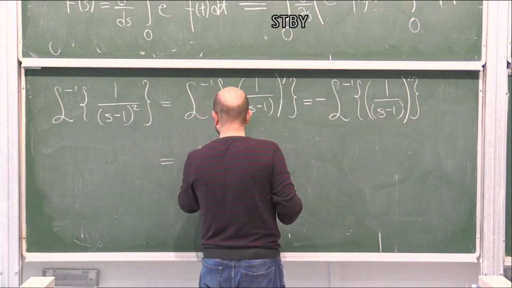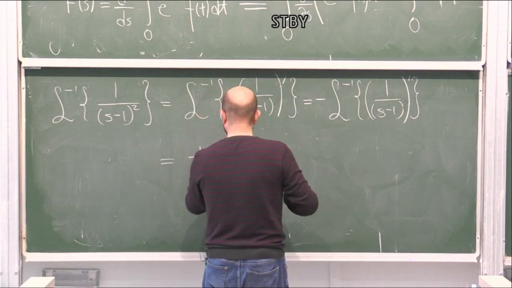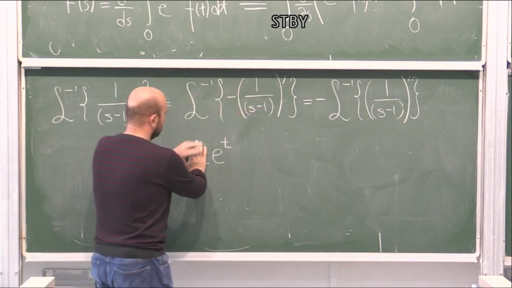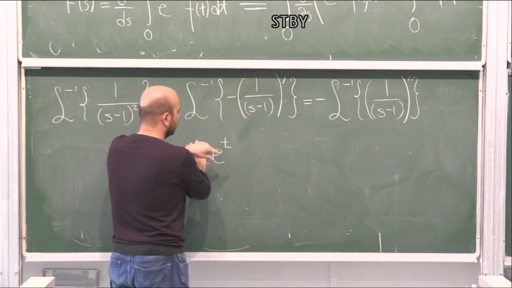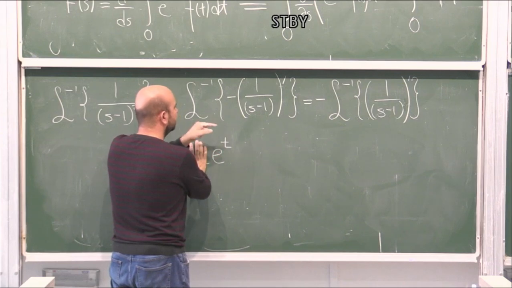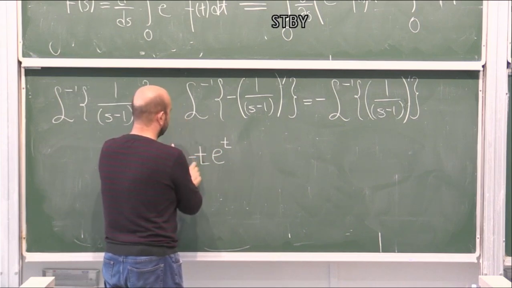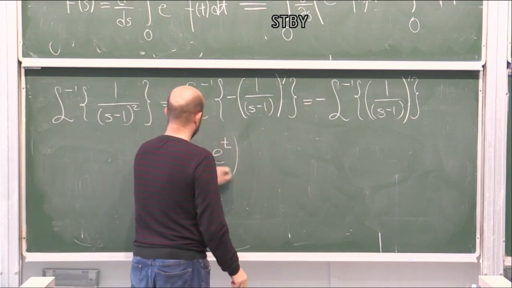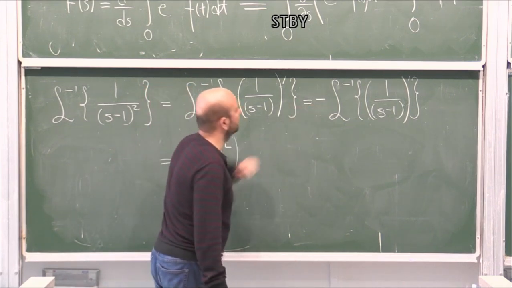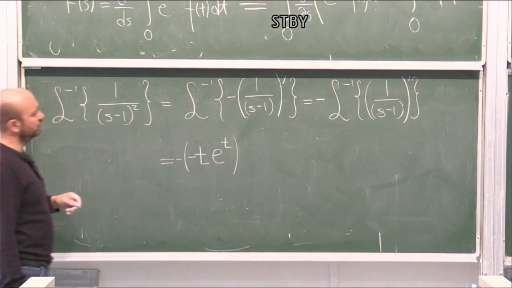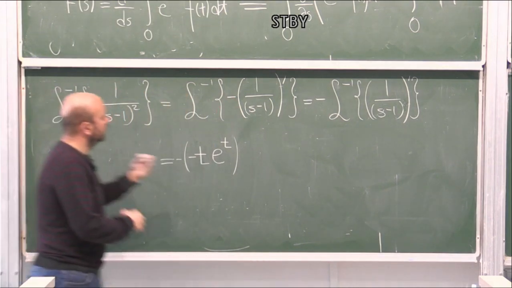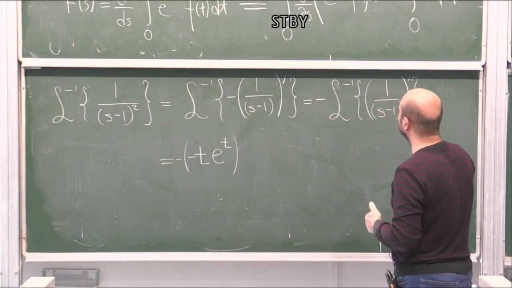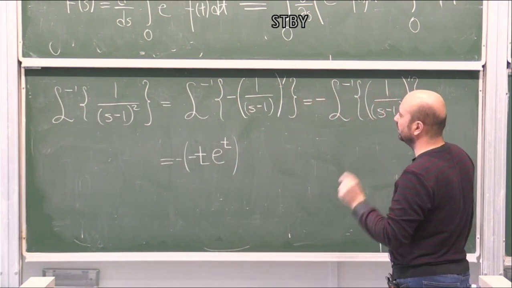So minus t e to the t, because the Laplace transform of e to the t is 1 over s minus 1. If you take its derivative, that means in the time domain, multiplication with minus t, and there's another minus here, that's coming just from this one. So that's the reason this is what we get. So taking the derivative in the s domain corresponds to multiplication with negative t in the time domain.